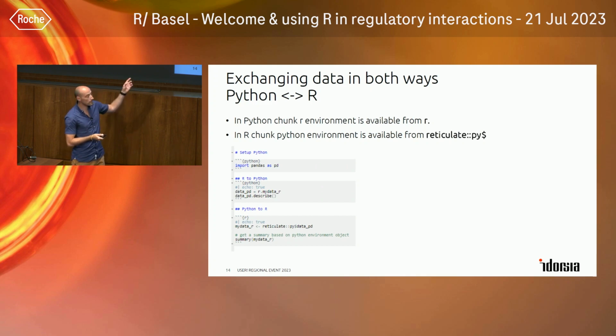So you can say r.my_data from R. And when you are in the R chunk, you can retrieve the Python environment through the reticulate package: reticulate::py$, and then you can retrieve the data from Python.